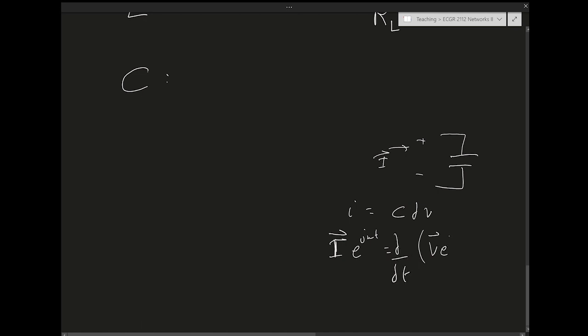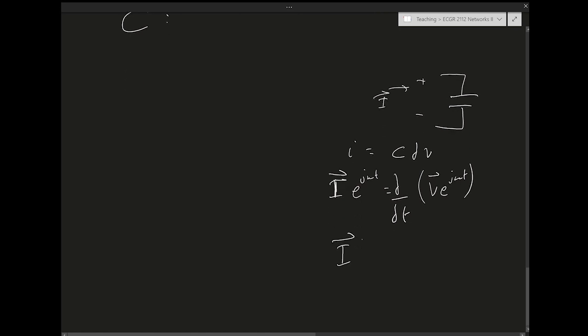I'm just redoing it for reference. So this is going to be I phasor e to the j omega t equals V phasor, j omega, oh, there's a C here.